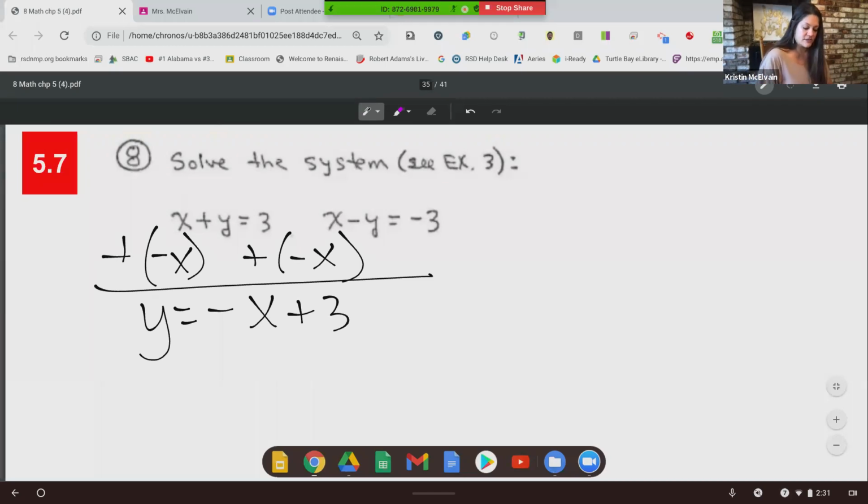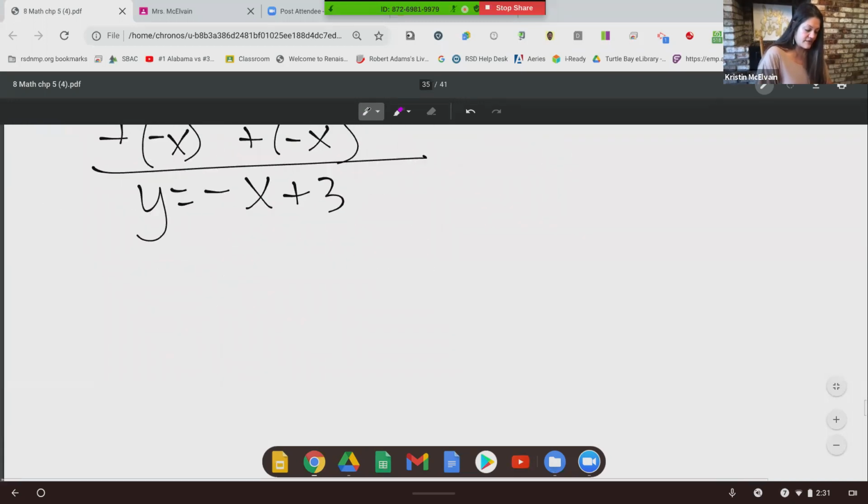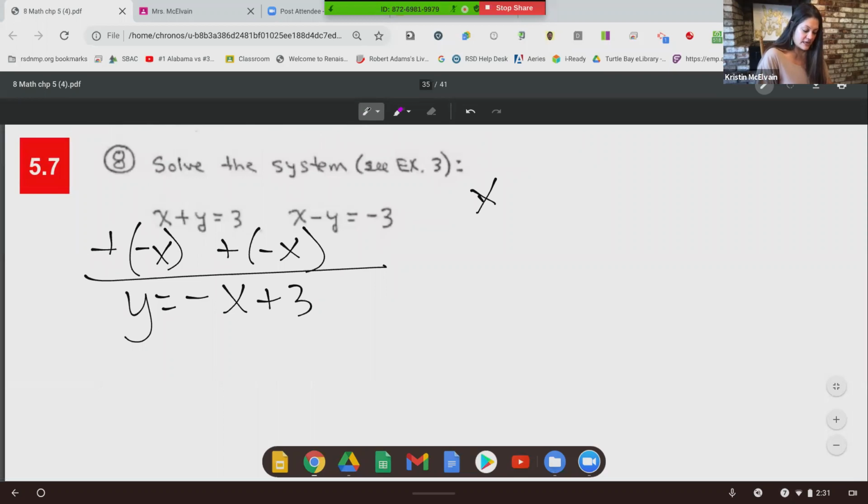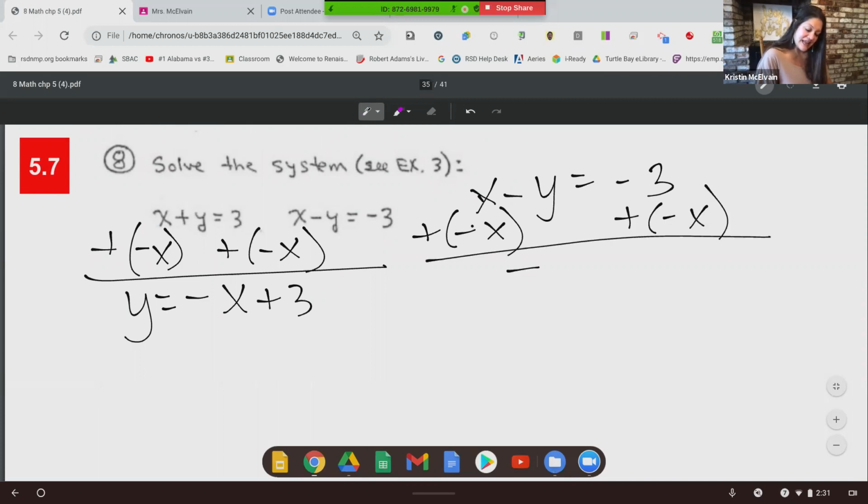Okay, I'm going to scooch this other one over. I'm a big writer. And I have enough room? Yeah. All right, so then we have x minus y equals -3. Do the same thing, add the opposite to both sides. That gives us -y equals -x plus -3.